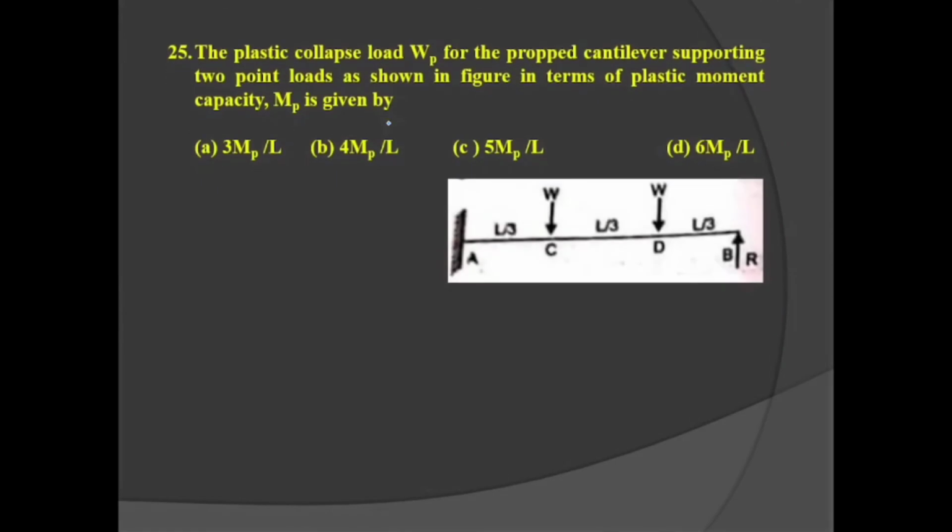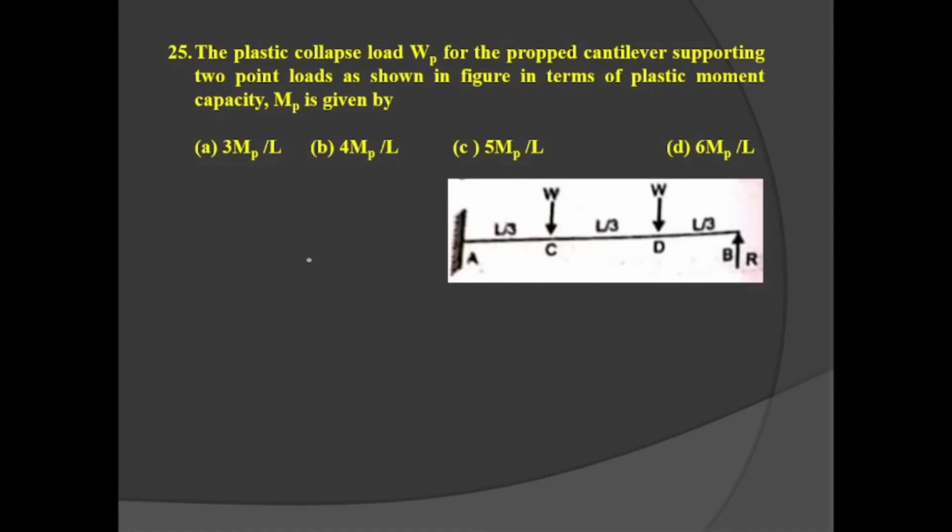Now question number 25. The plastic collapse load. Basically the same condition is there which I discussed with you just before 10 minutes. So in this situation also, mechanism 1 and mechanism 2 will be formed.